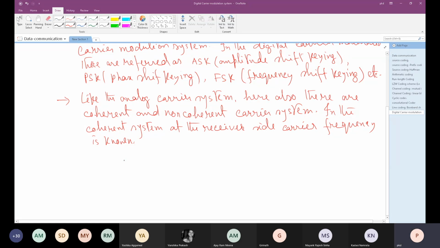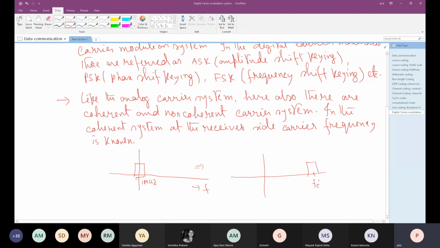Like say if we have a baseband of 1 megahertz, now this baseband can be shifted to the corresponding carrier band on both sides.